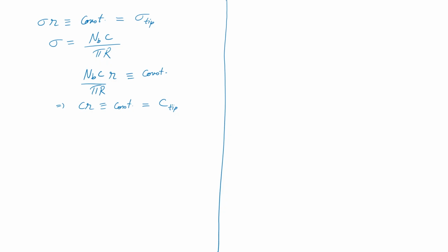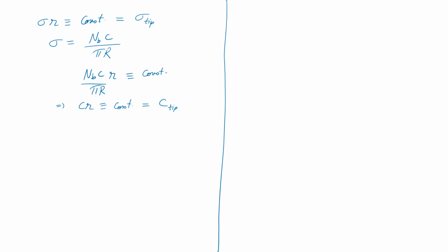What is my C? C is my chord, right, blade chord. All of you remember what is chord, right? Some of you look lost somewhere. I just thought I will check that we are still on planet Earth.